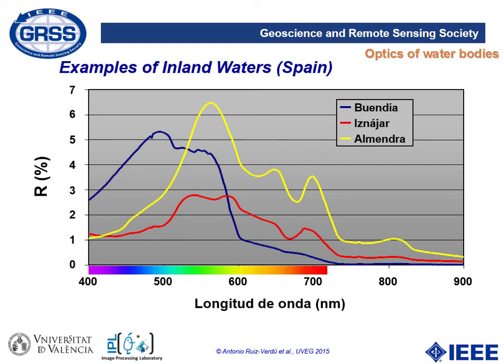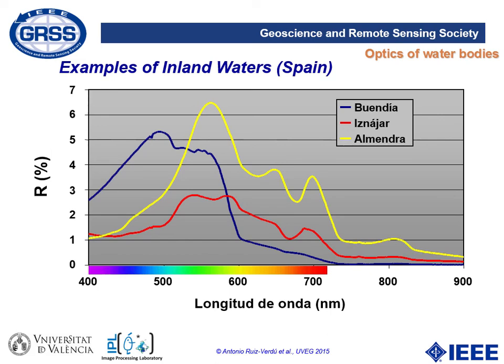And basically that means that this water body will have a blue aspect. The yellow one is a spectrum measured in a highly productive lake. That means that the concentration of phytoplankton is high, and you see that the shape of the spectrum is much more determined by the absorption of phytoplankton.